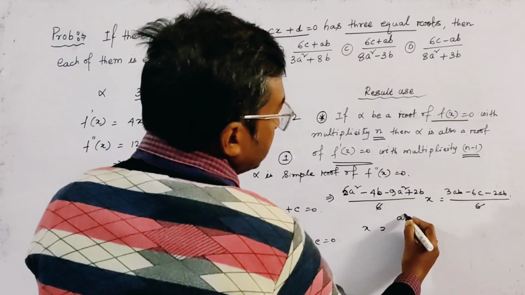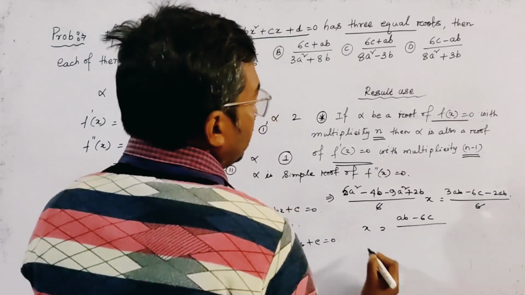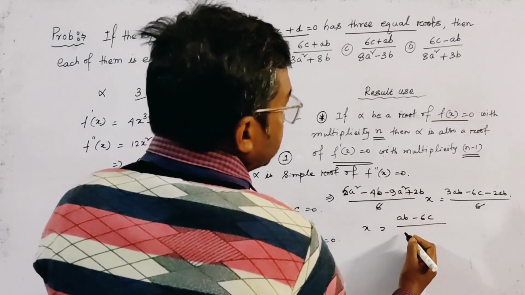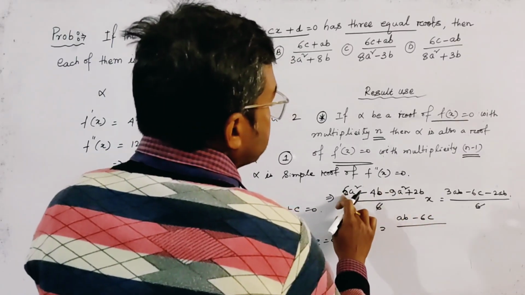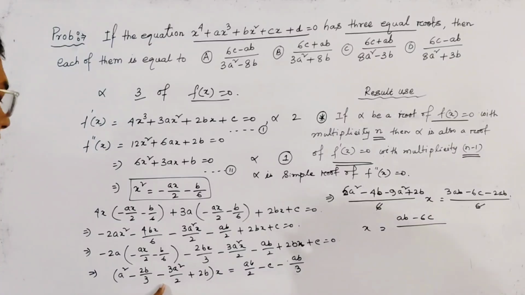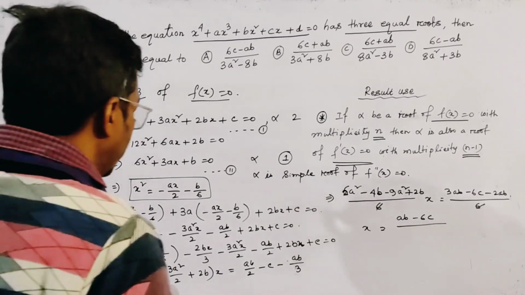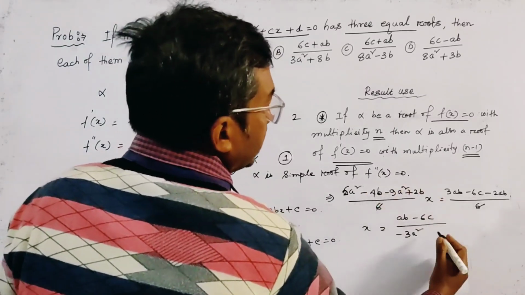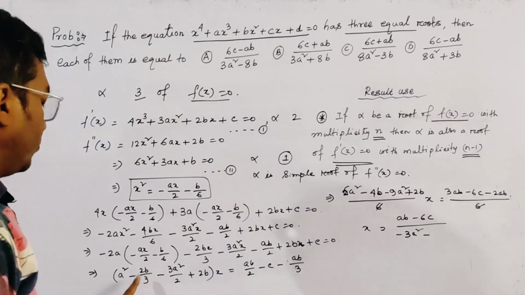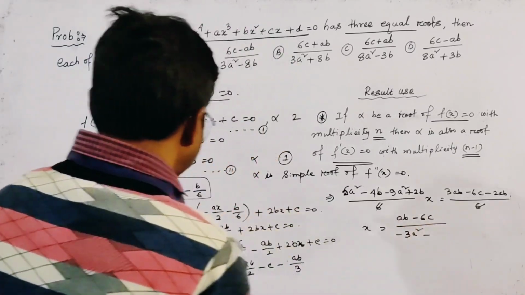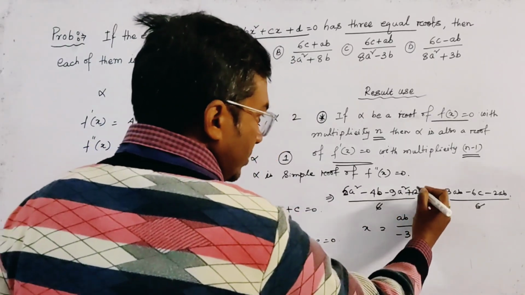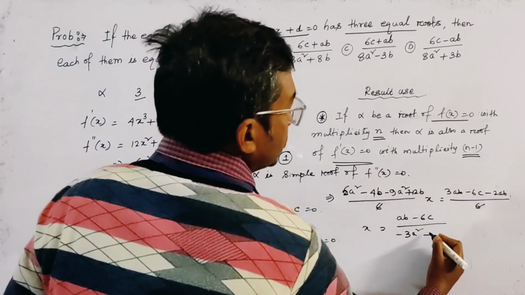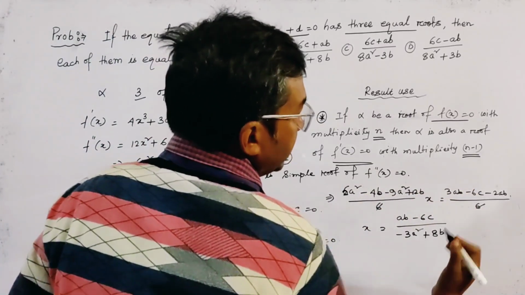So x is equal to ab minus 6c by, from here, 6a square minus 9a square, so we get minus 3a square, and from here we get minus 4b plus 12b, this is 12, not 2, so this is minus 8b.